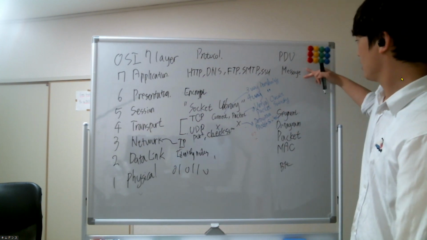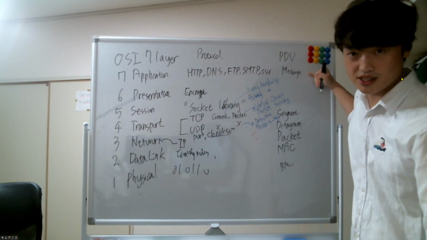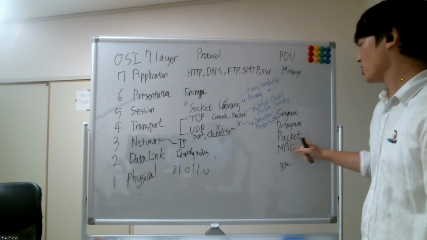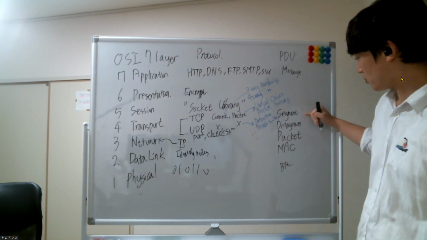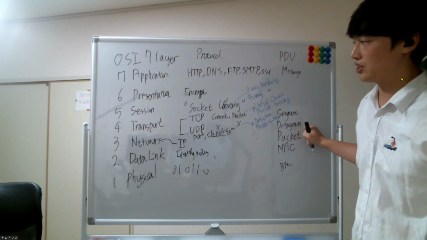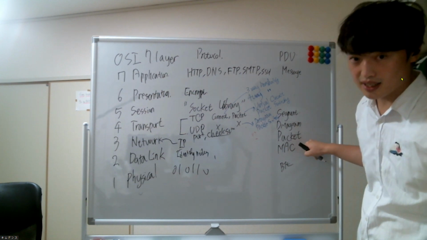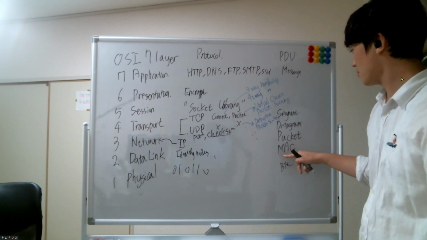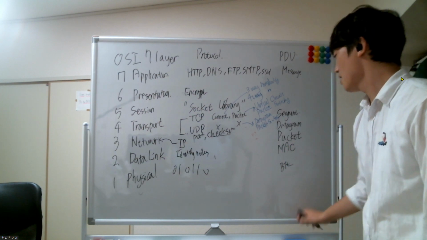The message starts as a string of message, and it becomes a segment or datagram, depending on which kind of protocol it uses. It becomes a packet, and it goes to the MAC, which uses the MAC address to identify.